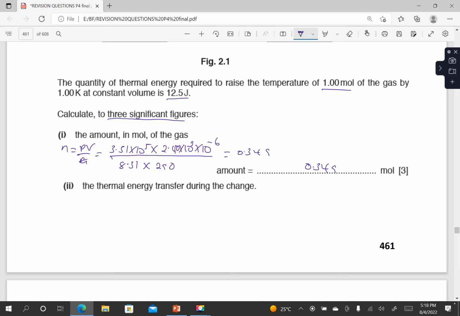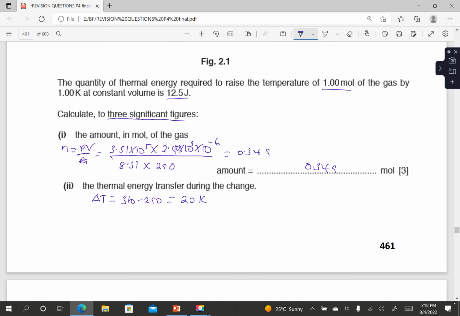But then the temperature changes from 290 to 310, so the change in temperature is 310 minus 290, which gives us 20 Kelvin.